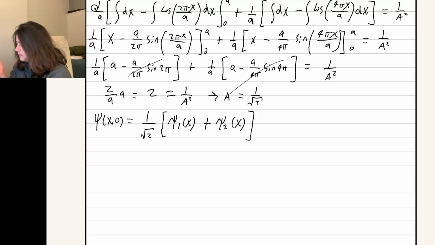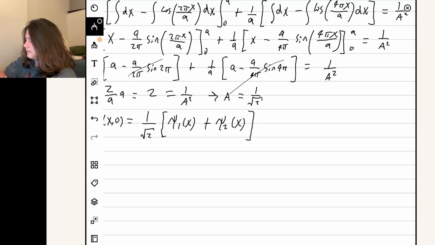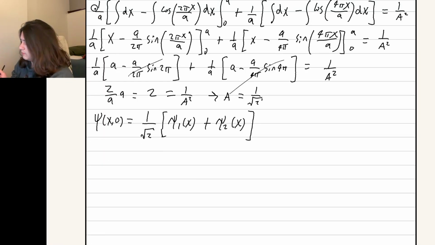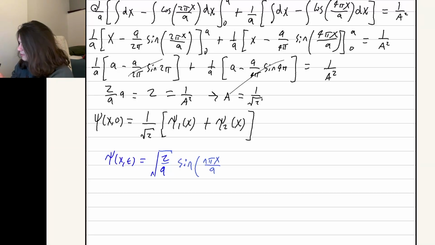Expanding the definitions of, or actually not even expanding the definitions, I'm going to rewrite the definition of the wave function again, but this time for time dependence being involved. Again, it's root 2 over a times sine n pi x over a.